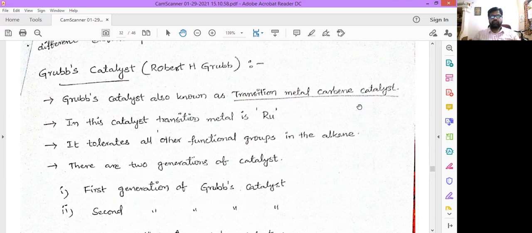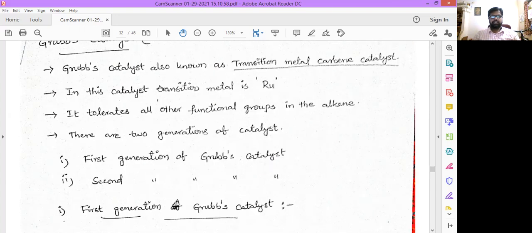In this catalyst, the transition metal is ruthenium, right? Compulsorily, we require some metal atoms for catalyst purposes. Whenever we are using a catalyst, there should be a single metal, or, as we have seen previously, metal pairs also. Sometimes we have to go with metal pairs. Here, the metal is ruthenium.